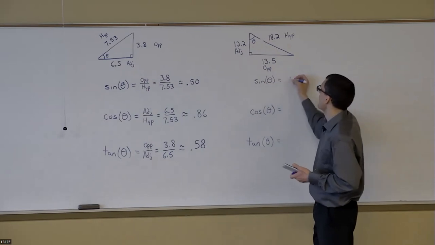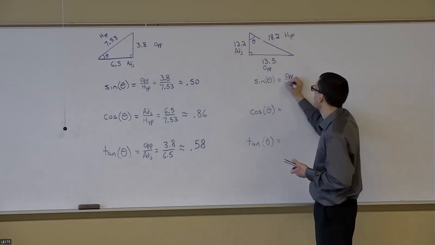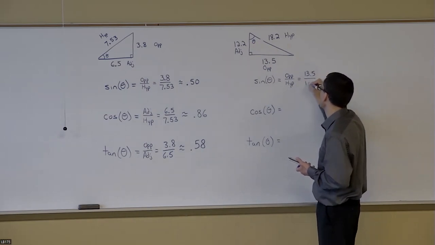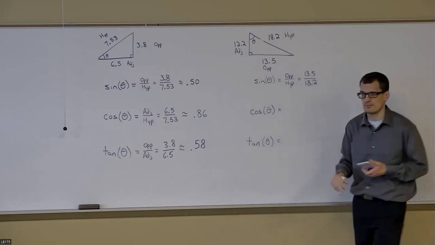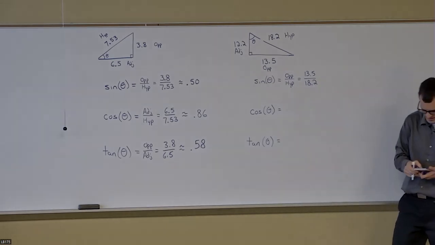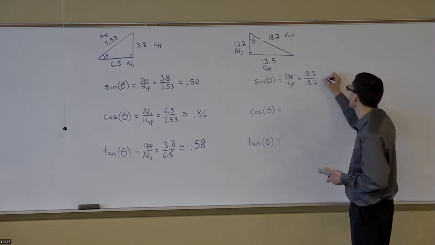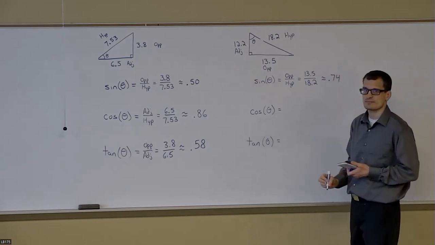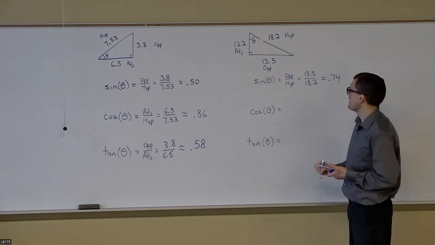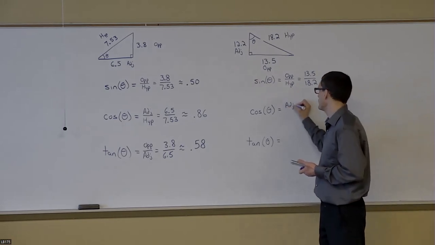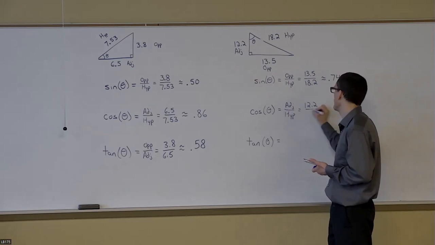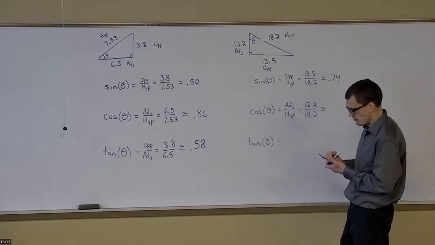So when we say sine is opposite over hypotenuse, then we're going to take 13.5 divided by 18.2, whatever that is. About 0.74. Cosine of theta is adjacent over hypotenuse, so it's 12.2 over 18.2, and that's about 0.67.